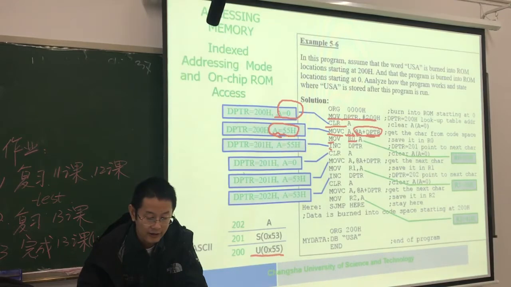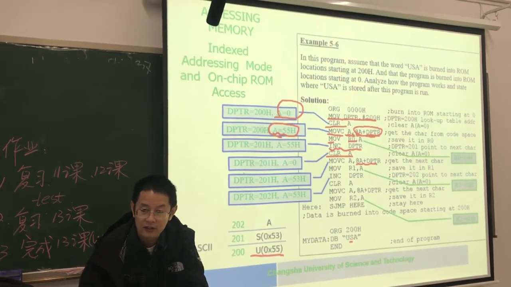INC DPTR just adds 1 to the DPTR. So the DPTR points to the second number in the table. Clear A, this gets the address of the second number.